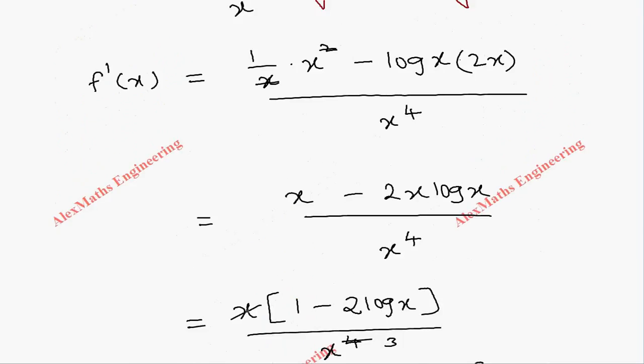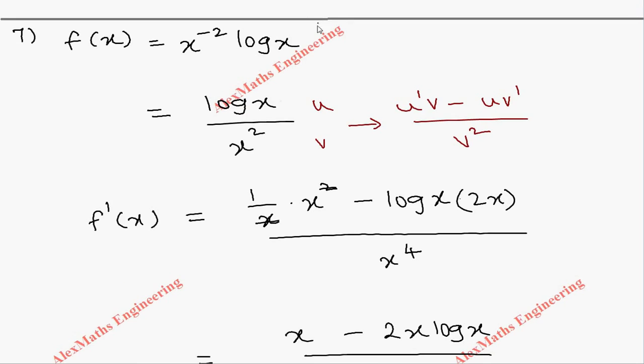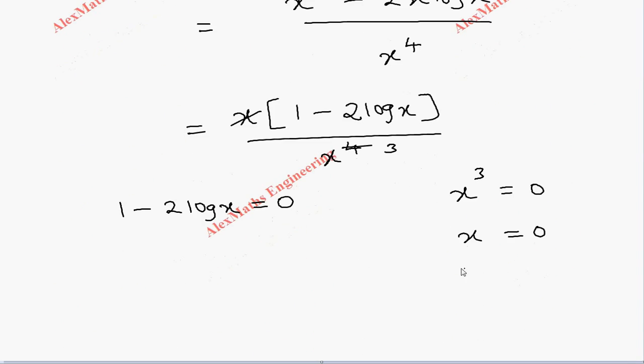But already in the function we have log x. Here this log x is defined only when x is greater than 0. And inside log we cannot have 0 or a negative number. So x is only more than 0. Since we get 0 here, this is not possible.